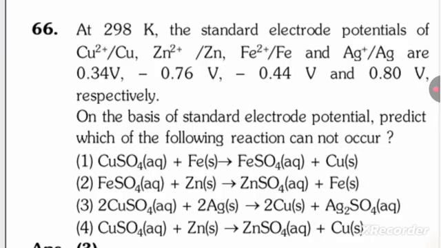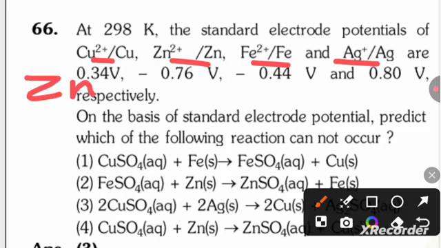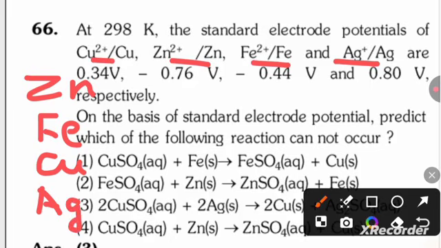At 298 Kelvin, the standard electrode potentials of copper, zinc, iron and silver have been given. So you should remember the electrochemical series. In the electrochemical series, among the given four metals, zinc is at the top, then iron will come, then below iron we can find copper, and then silver.